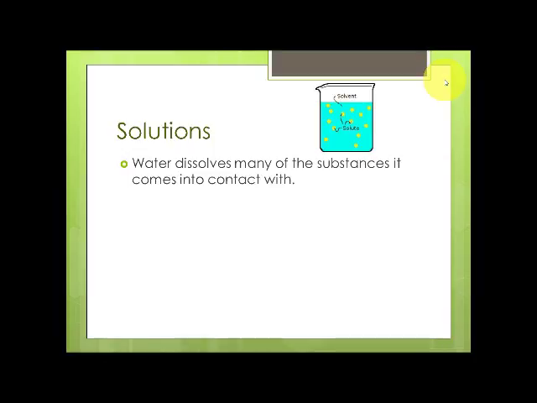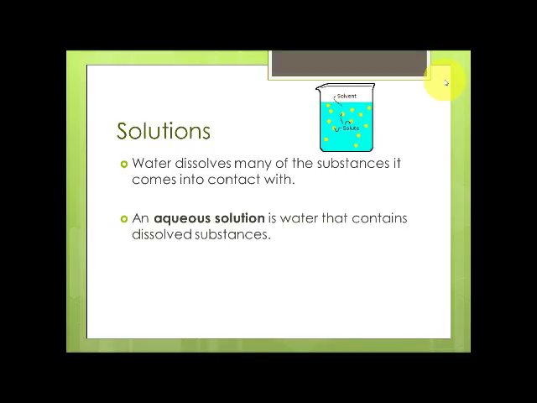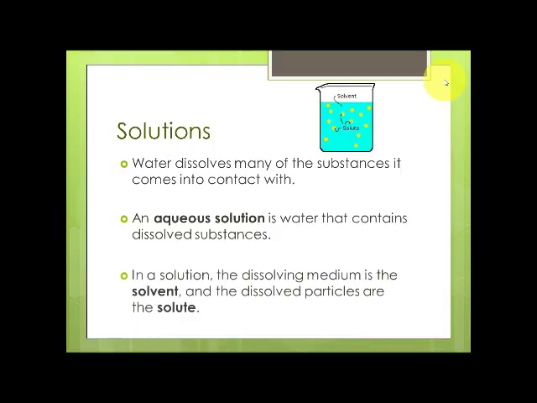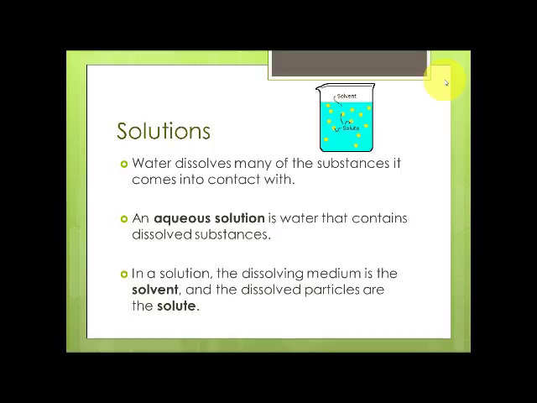So moving on, we have what are called solutions when we dissolve things in water. We will talk more about solutions in chapter 16, but water can dissolve things when it comes into contact with it. An aqueous solution is a solution that has water dissolving the substances. Whenever you have a solution, whether it be water or something else, the dissolving medium, what is doing the dissolving, is called the solvent, and the dissolved particles are called the solute.